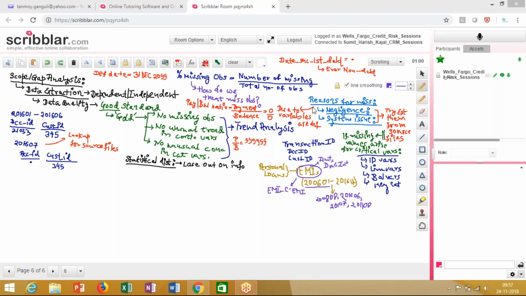Now comes the question: how do I decide whether a particular variable should be kept or removed from the data, right? How is it that the missing observations analysis must be performed in our exercise? So let's say I have a variable called limit, right? I'll say a variable name is here.